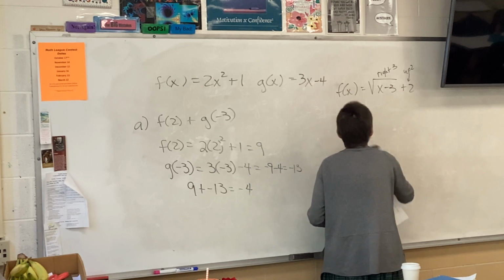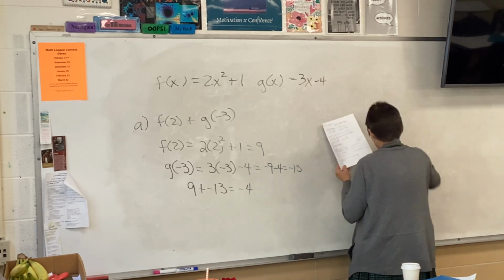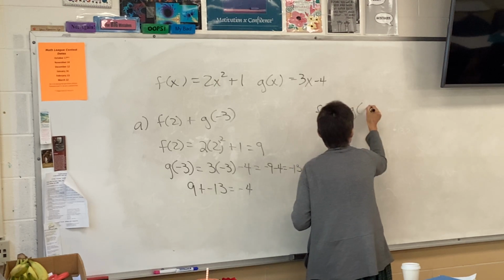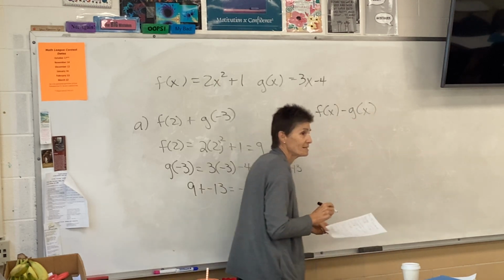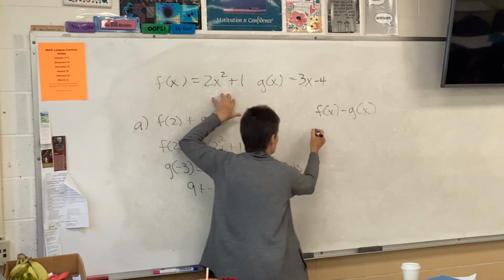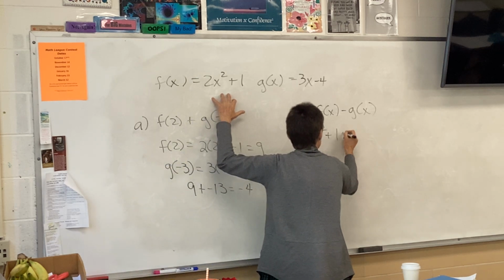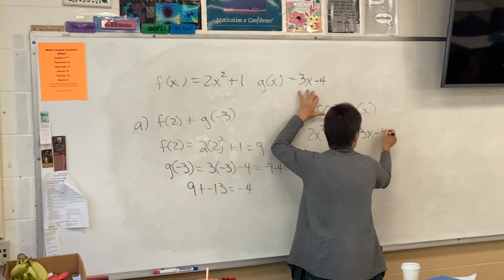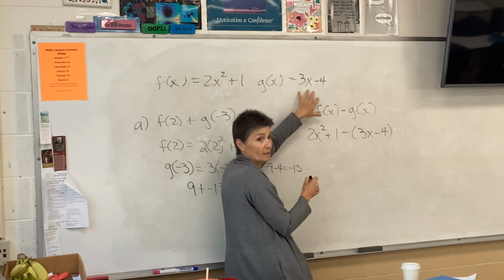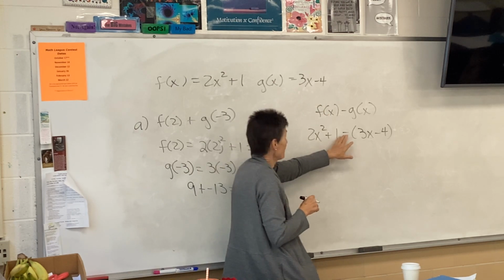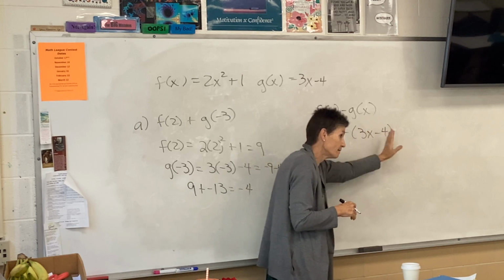All right, same two functions. Problem B says f of x minus g of x. Don't you dare miss this. What's f of x? 2x squared plus 1. What's g of x? 3x minus 4. I'm just going to subtract them, but I have to be careful because I'm subtracting this whole thing.